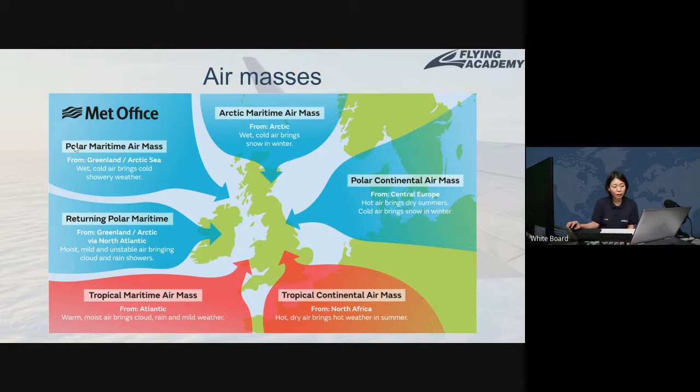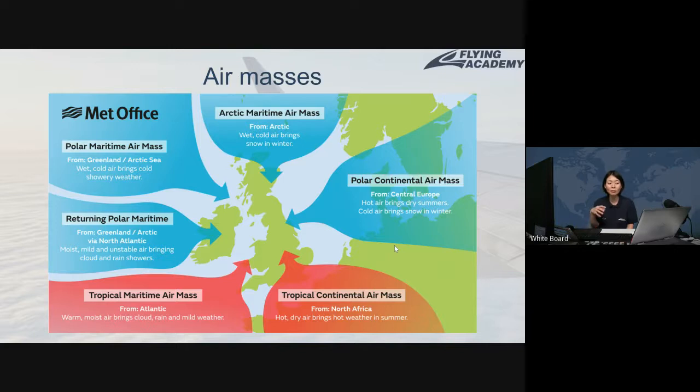However, when any kind of air mass is moving to a certain area, it can get stronger or weaker. It depends on where it's going to pass by. Let's say a polar maritime air mass comes to Central Europe during the winter time.